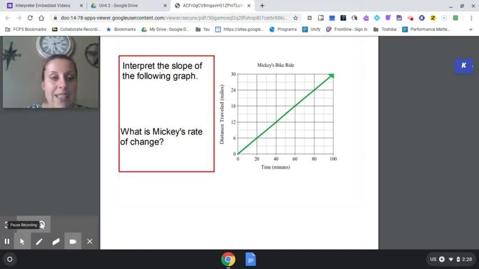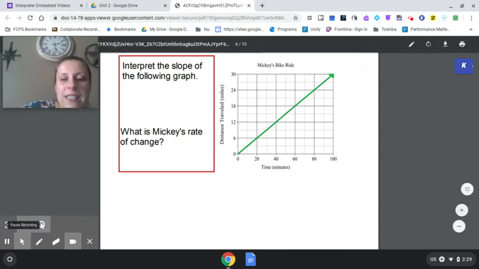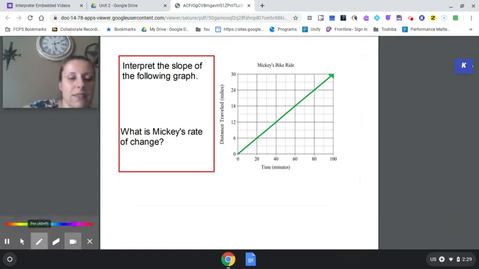So it's asked, what is Mickey's rate of change? That's just another way of asking what's the slope of the line. So let's pick out our 2 points. There's a lot of different points that we could pick, but I'm going to select 20, 6 as my first point, and I'm going to select 40, 12 as my second point.